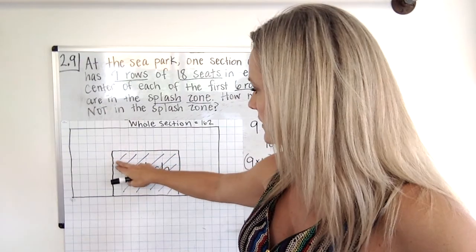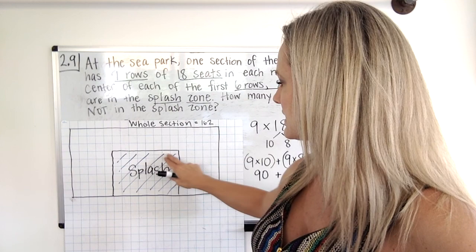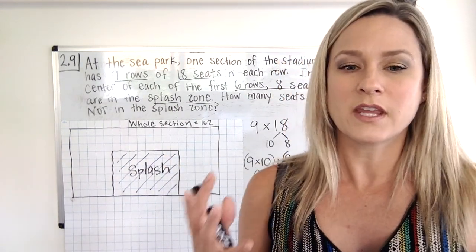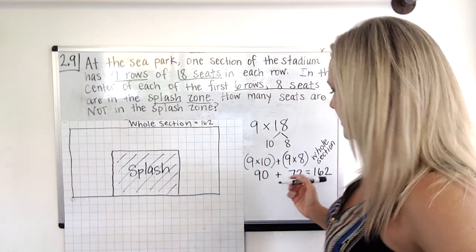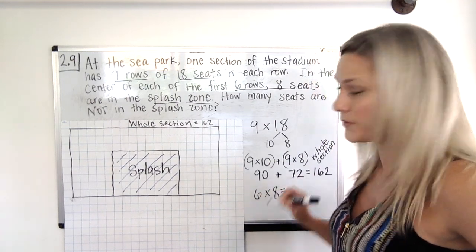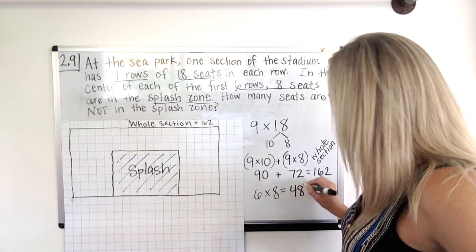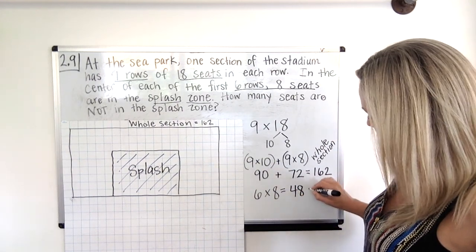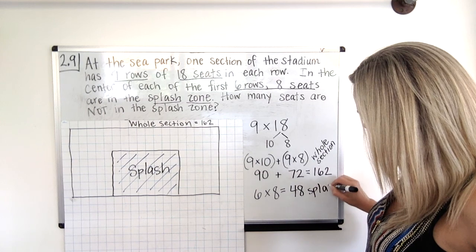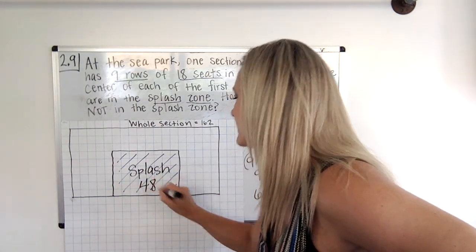Do you remember that? 1, 2, 3, 4, 5, 6. 1, 2, 3, 4, 5, 6, 7, 8. So 6 times 8, I already know. 6 times 8 equals what? 48. And that is what is in the splash zone. So I'm going to just put my number over here, 48.